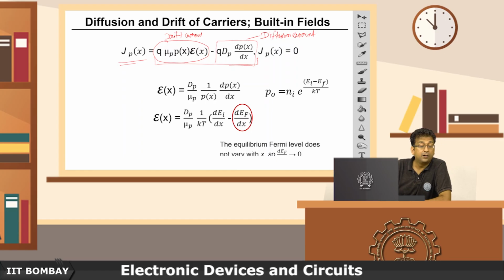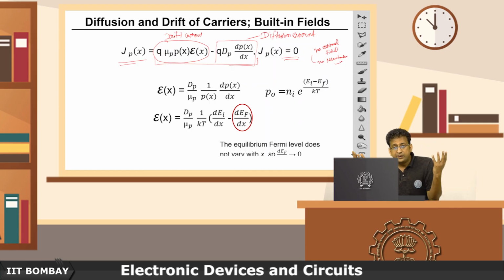Right. So if we equate it to 0, assuming equilibrium is there, no external field is there, and also there is no illumination. If there is an external illumination, it can create electron and hole pairs, etc. So there is no change in the environment, no heavy temperature fluctuations.